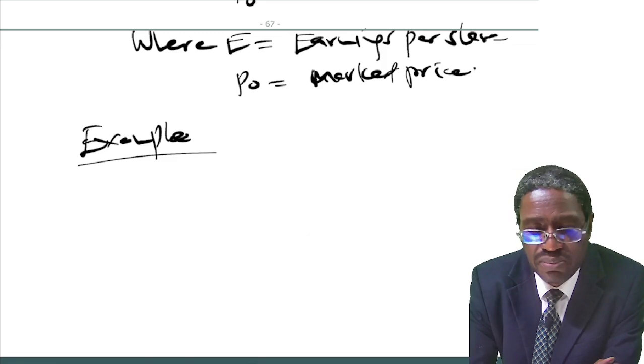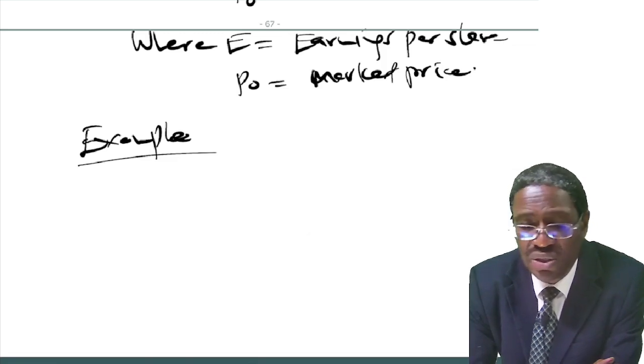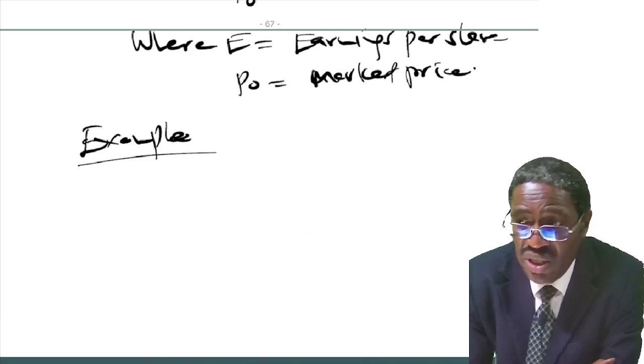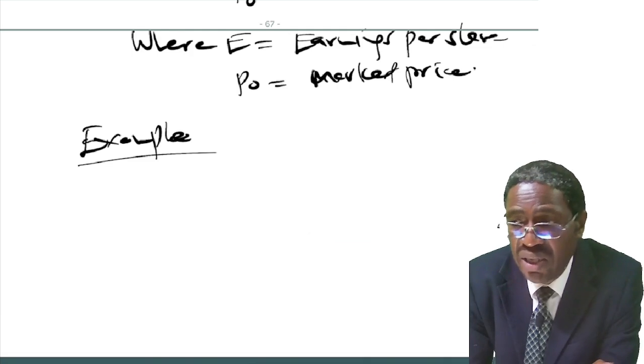The flotation cost is 3 shillings per share.